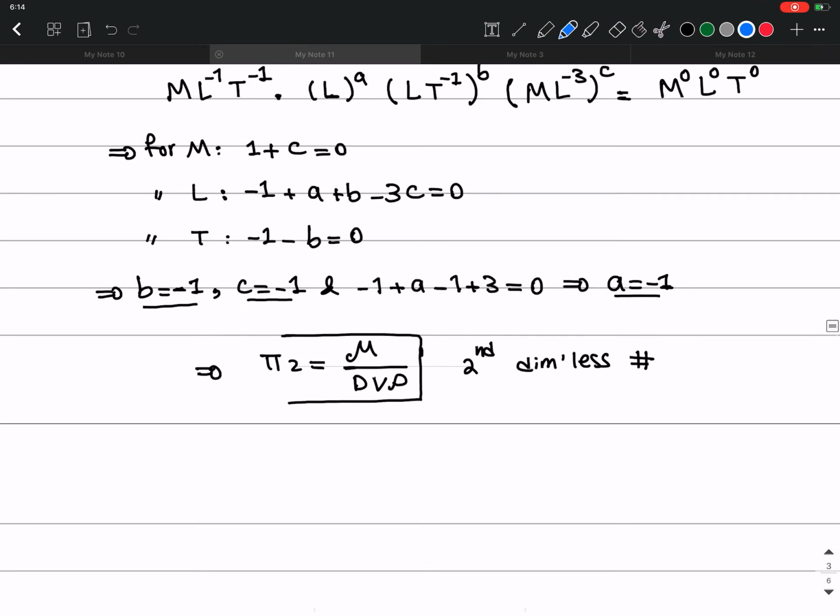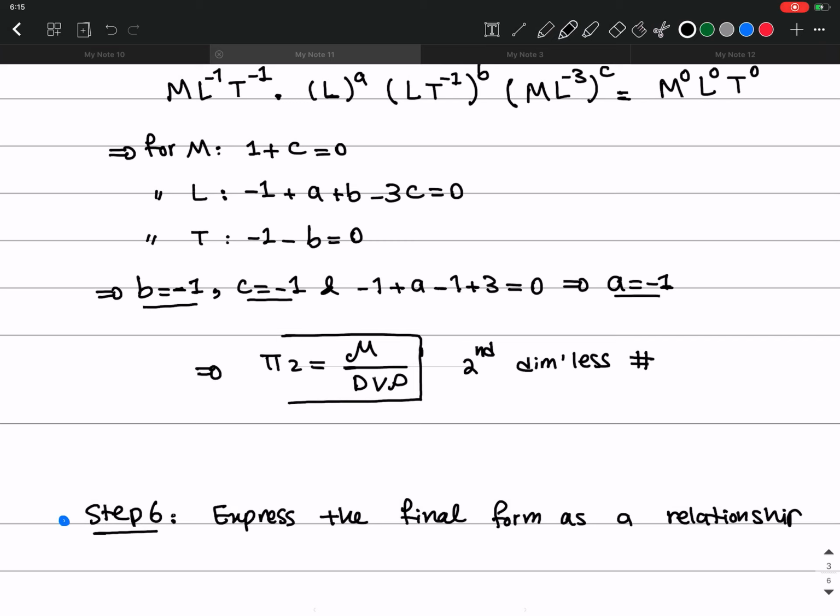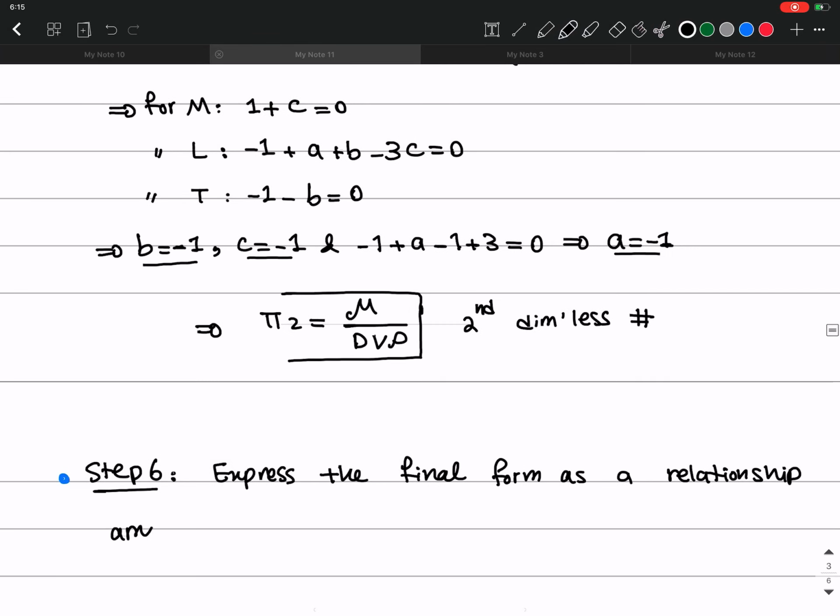And finally, the last step is step 6. Express the final form as a relationship among the pi terms, and think about what it means.